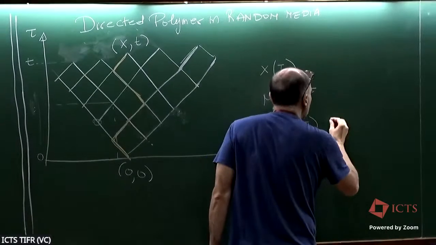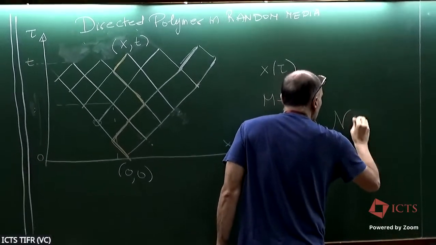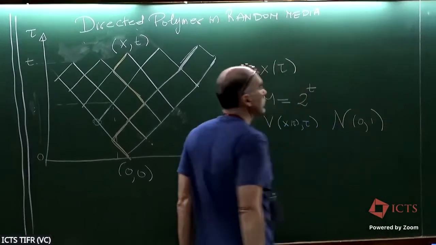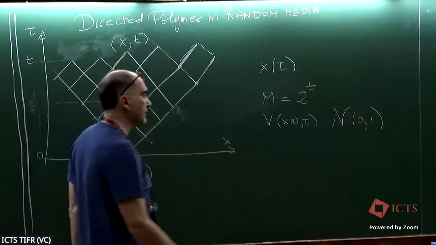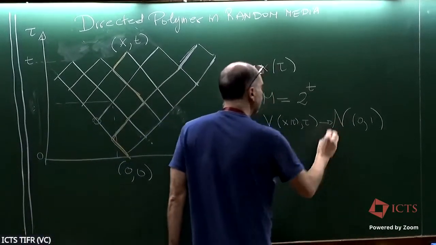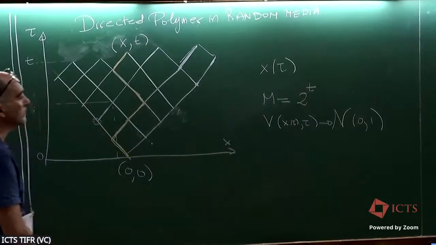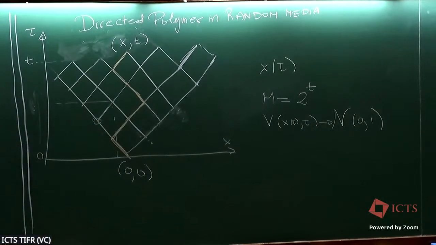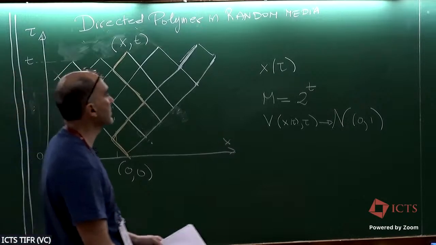As usual, for simplicity, we take a Gaussian number. So v of x, tau is a Gaussian number of mean 0 and variance 1, exactly like yesterday, J_ij was mean 0, variance 1.